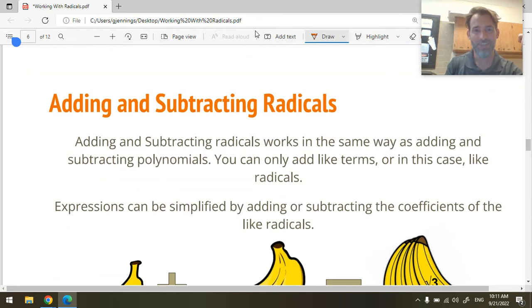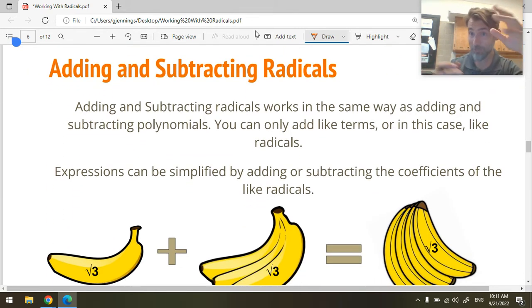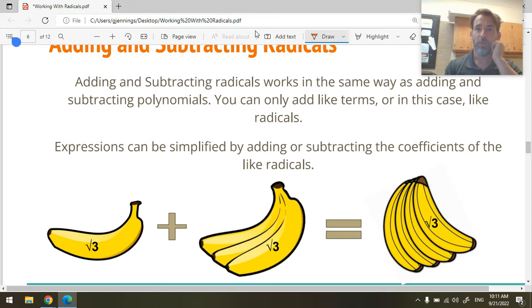So let's keep going. Now, we can add and subtract radicals as well. Just the same way you collect like terms, like you're collecting x's and you're collecting y's. Your oil collects with your oil and your water collects with your water. Okay? So it works the same way as adding and subtracting polynomials, but you can only add like terms, okay? Which are, in this case, like radicals.